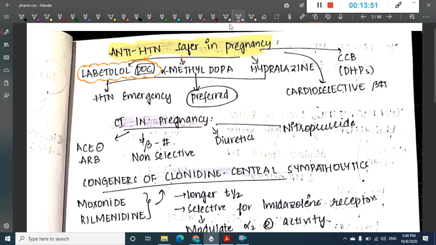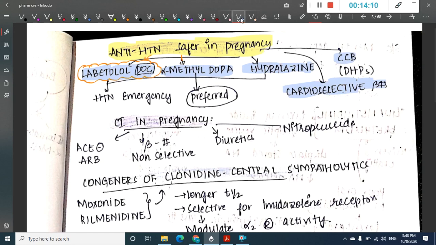So these are the drugs which are safer in pregnancy: labetalol, the drug of choice, alpha methyl dopa, hydralazine, cardioselective beta blockers, and CCBs, that is calcium channel blockers.